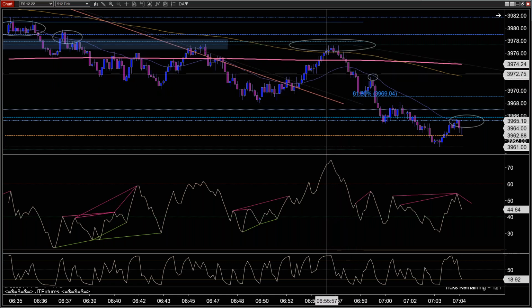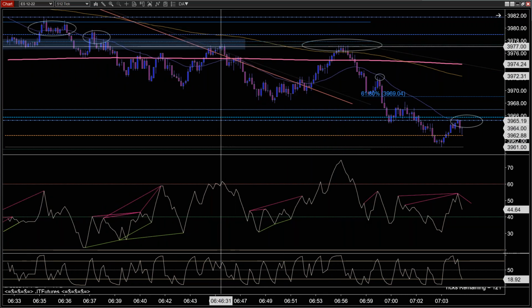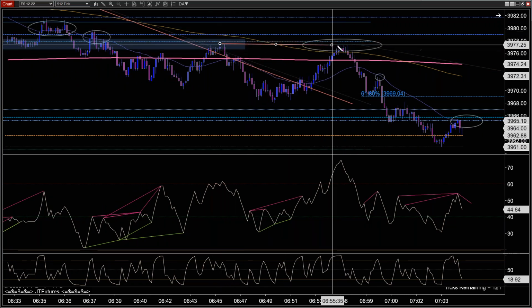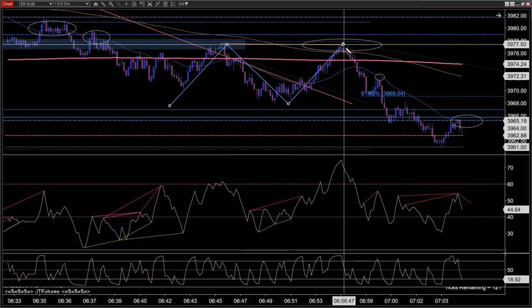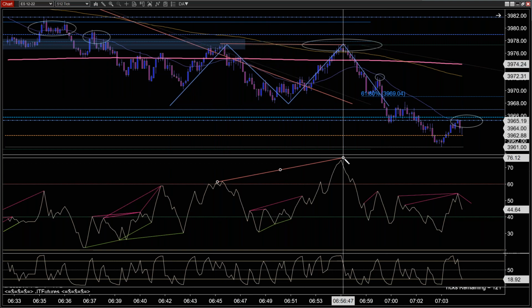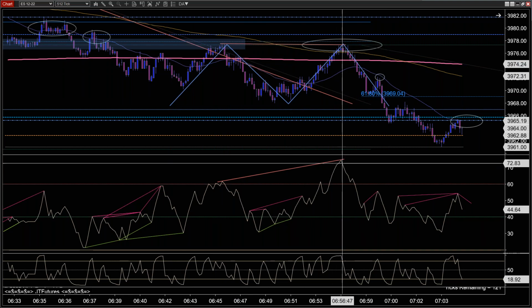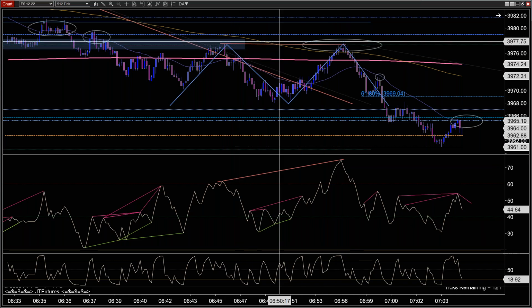And we have divergence. So if you look back to the last major swing high and you compare it with the swing high here, we've got that double top. Remember that pattern I talked about, having the high, pullback, same high? Well, look what happened here. Extremely higher high on our indicator, but a double top on price.